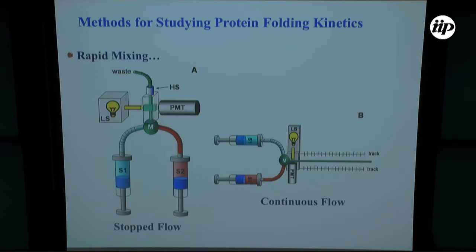It's the same principle, but here the idea is rather than pushing hard at a given moment, so like triggering the mix and then stopping, in this case what you do is you are pushing these two syringes constantly at a constant velocity. So there is a constant speed of flux going through here. These two solutions mix again, and typically this mixer could be very different depending on what they are, but a T mixer also works.